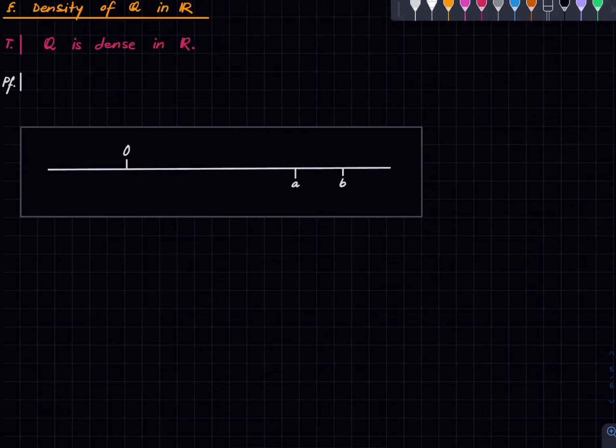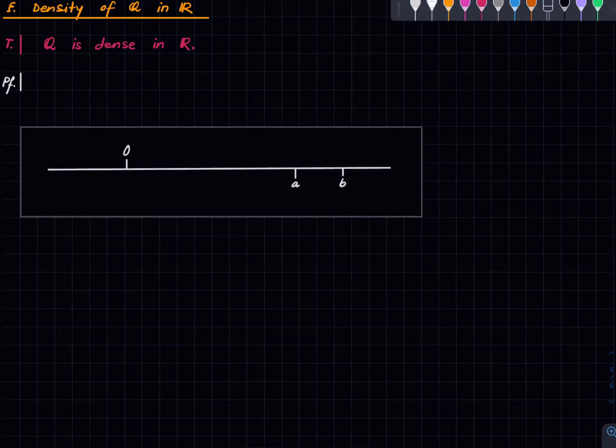This should be pictorially clear because if you visualize the rational numbers, they are sort of everywhere. As we saw, there are real numbers which are not rational, for example, square root of 2, but still, they are present densely in reals. So we want to show that every open interval intersects the set of rationals. Every open interval contains at least one rational number, is what we want to show.